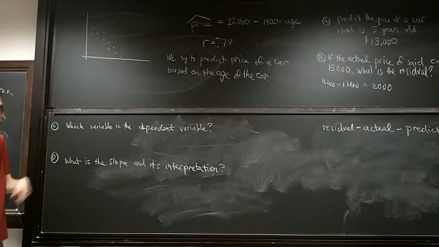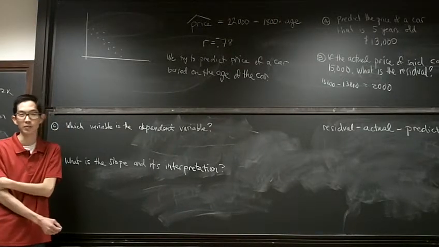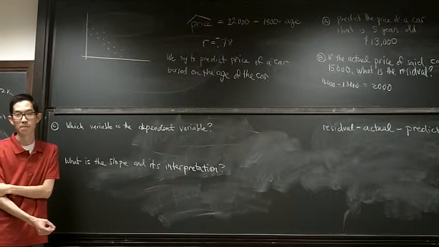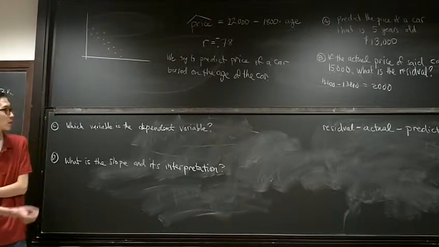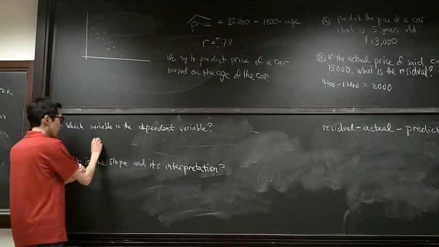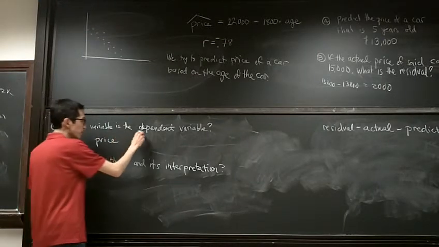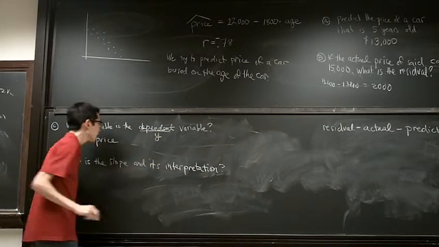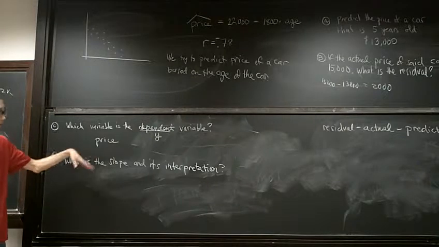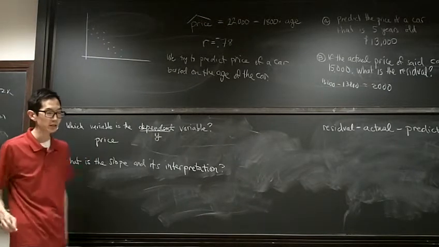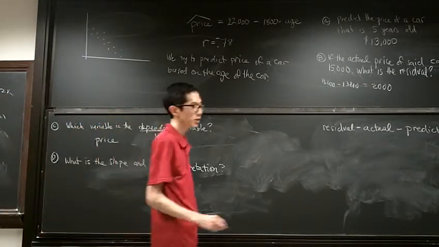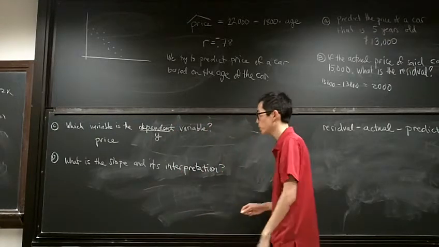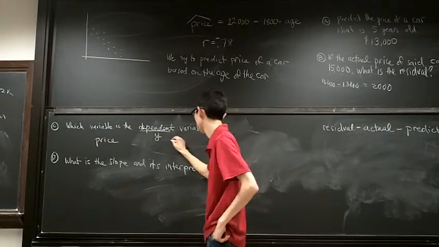Simple question, which variable is the dependent variable? The price of the car. So the dependent variable is the y, and that would be the price. We are predicting price. Another way of saying dependent variable is the variable that we are trying to predict.